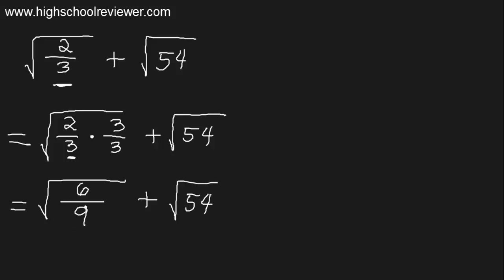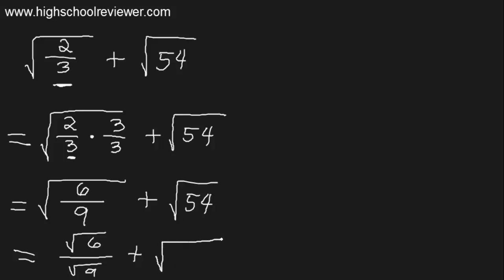Now, we can rewrite this as separate radicals. So, we can rewrite the numerator as the square root of 6, and the denominator will be the square root of 9. Plus, okay, so we will now touch the square root of 54.